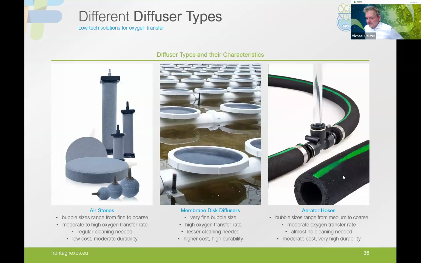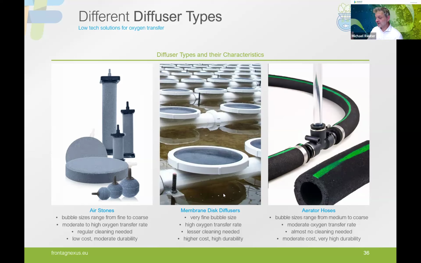Let's have a quick look at the types of diffusers that we could use. These are mainly air stones, membrane disc diffusers, and aerator hoses. These have a little bit different characteristics. The bubble size is a little bit different. Membrane disc diffusers, for example, have very fine bubble sizes. Aerator hoses have rather coarse bubbles.